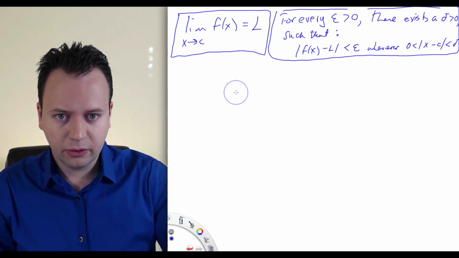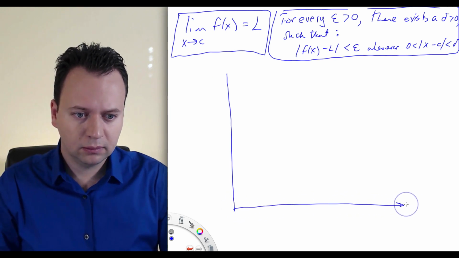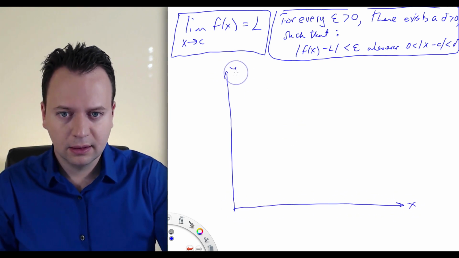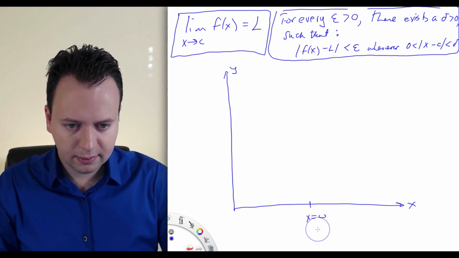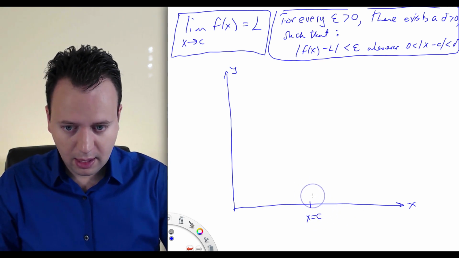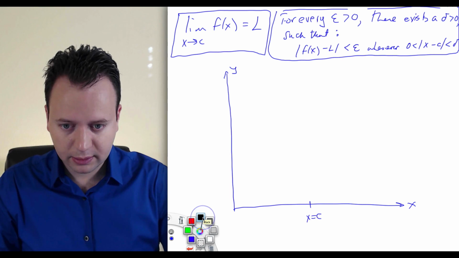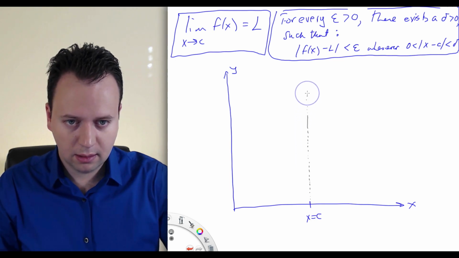So let's look at a picture of this. There's x, there's y, here's x equals c. It's supposed to be a c. And let's draw some grid points, like that.